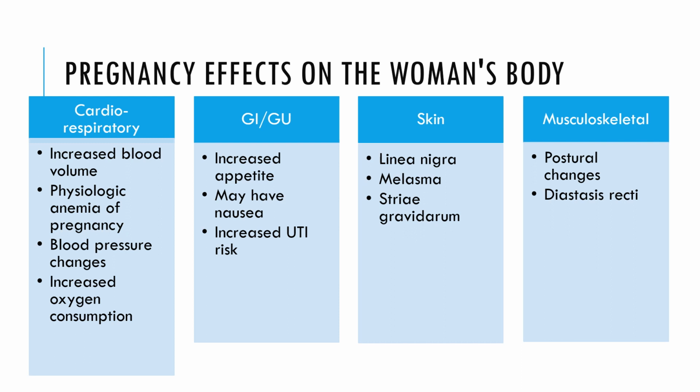The linea nigra is going to be that dark line extending from the symphysis pubis up the middle of the abdomen and can go to the top of the fundus. And usually those hyperpigmented areas will disappear after childbirth occurs.